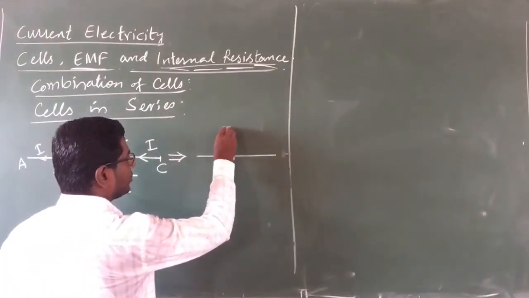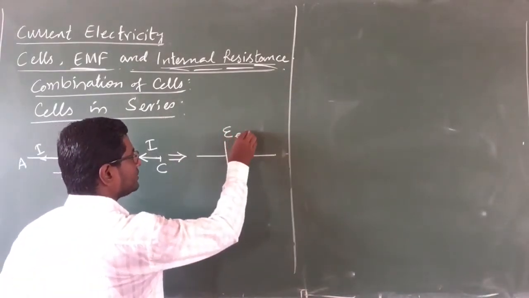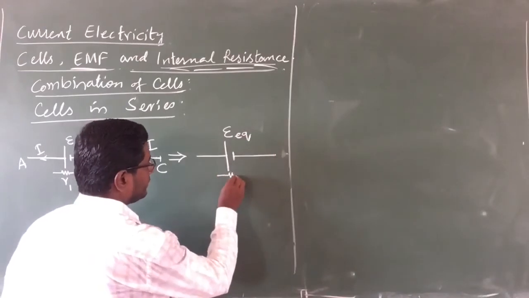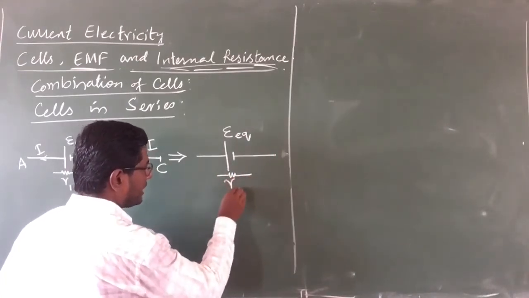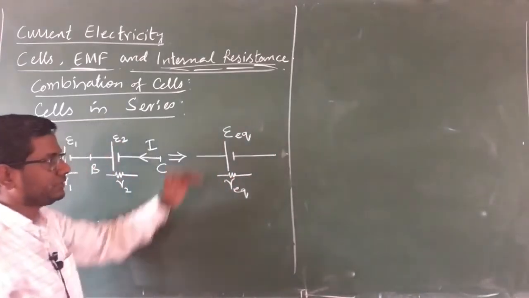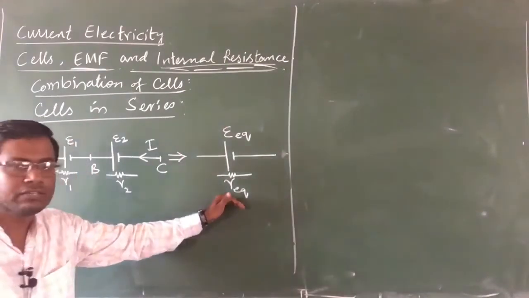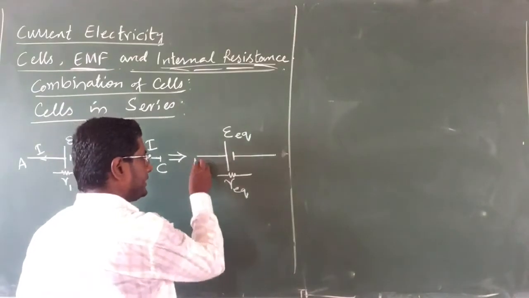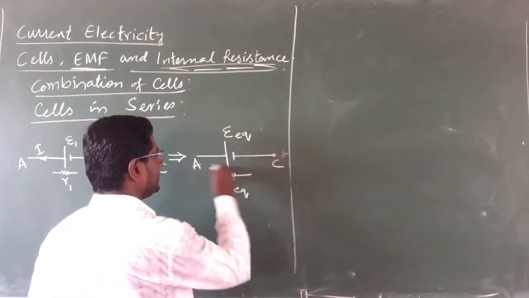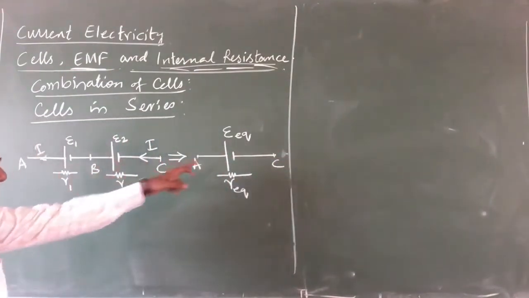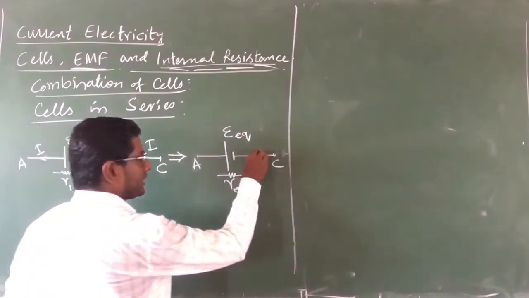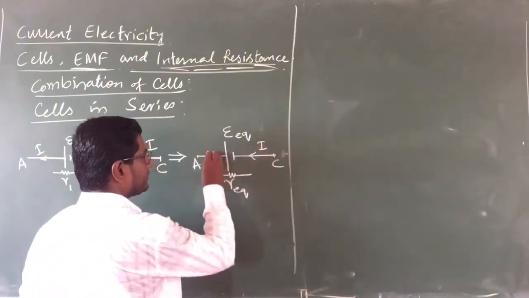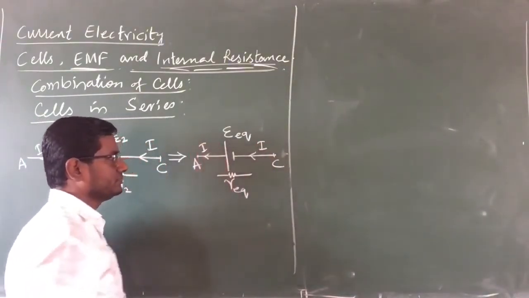For that I'm going to call it epsilon equivalent, and along with that there will be an R equivalent. So equivalent EMF and equivalent internal resistance. This is point A and this is my point C. Point B is not there in that circuit, and the current is again I from one side, again I from the other side.